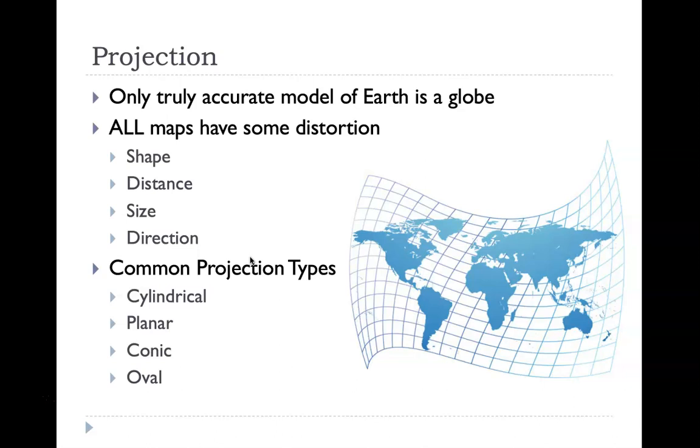All right, we look at different projection types, how these are projected. So we have cylindrical, which looks like a cylinder, planar, which looks like a flat sheet of paper, conic, which looks like a cone, and then an oval. So think of these as you're trying to wrap your map around a globe.